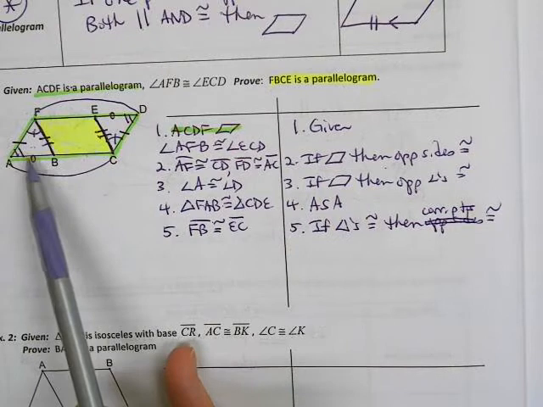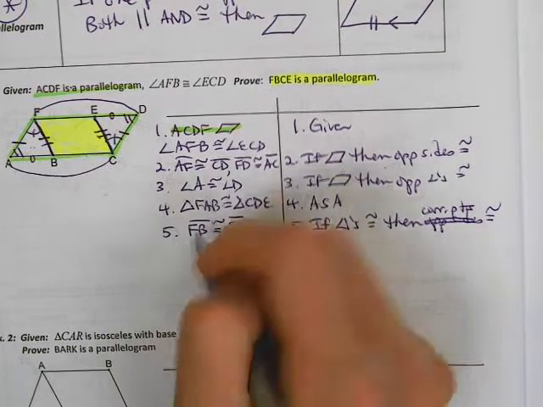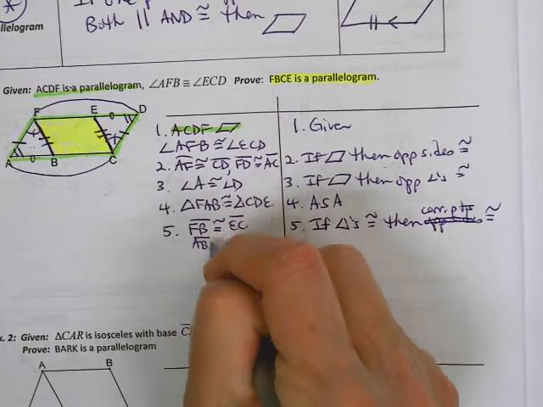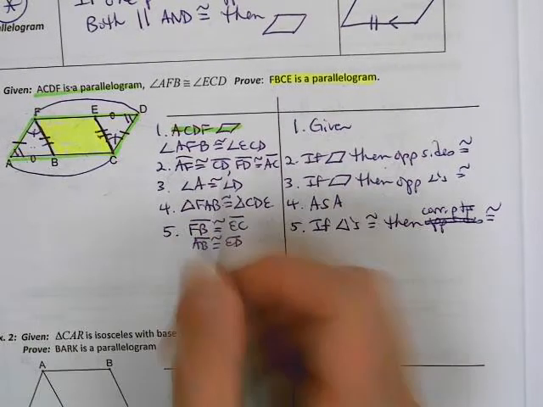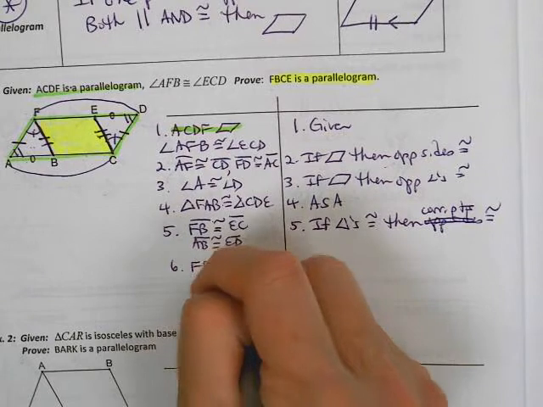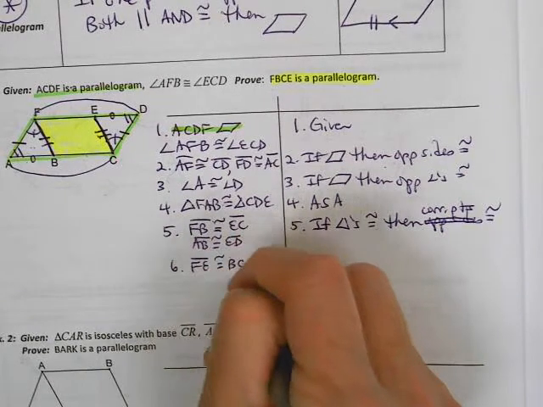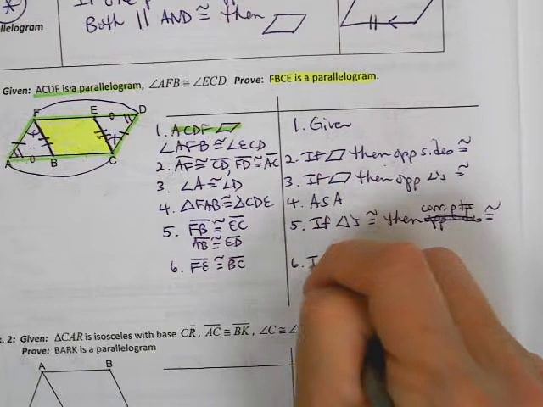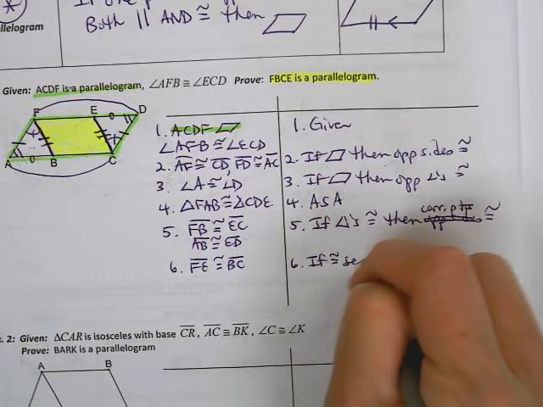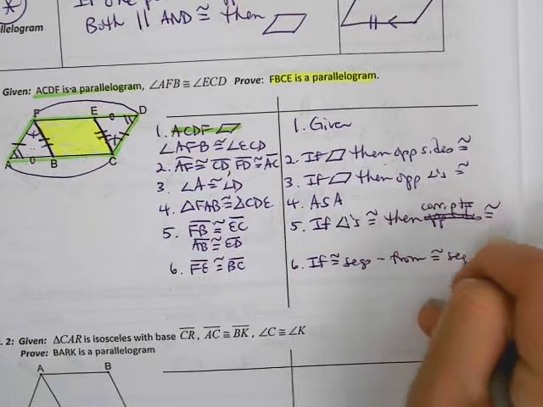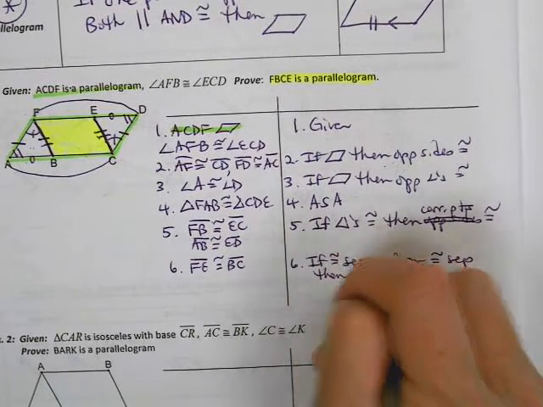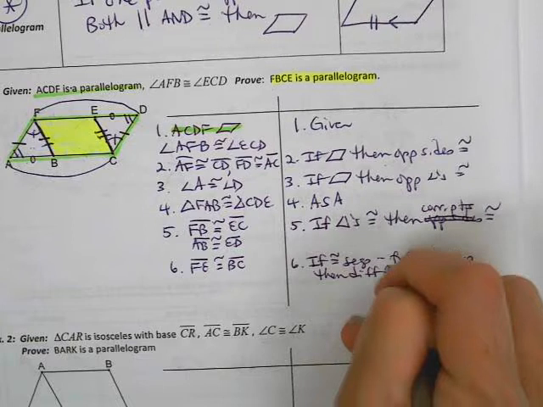If I choose AB and ED also as corresponding parts, AB congruent to ED, now I have overlap, so I can subtract to get FE congruent to BC, and I would say if congruent segments subtracted from congruent segments, then the differences are congruent.